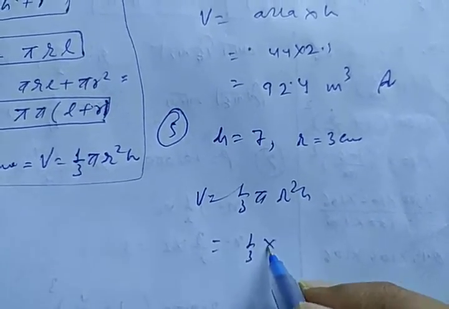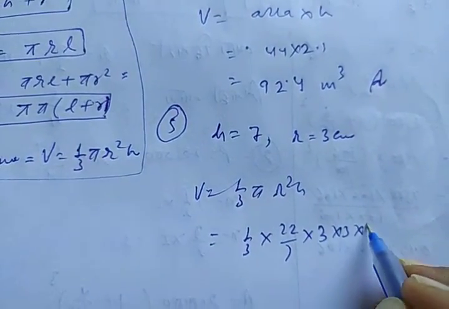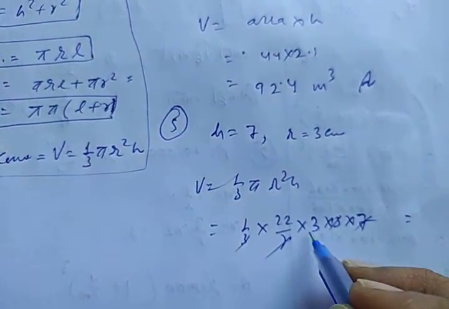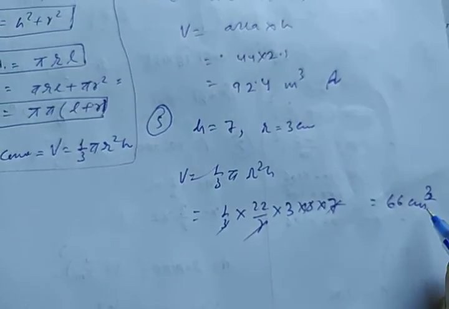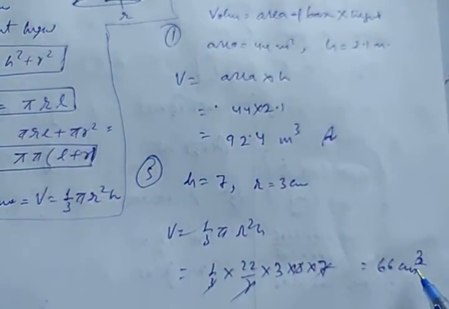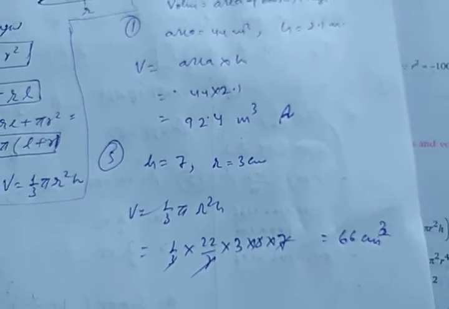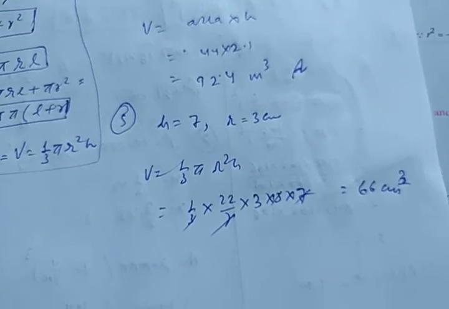It means 1 upon 3 into 22 upon 7 into 3 into 3 into 7. 7 will be cancelled, 3 will be cancelled. 22 into 3 is 66 centimeter cube. The unit of volume is centimeter cube, the unit of area is meter square or centimeter square, and the unit of length is only centimeter. In this way you can solve the questions.